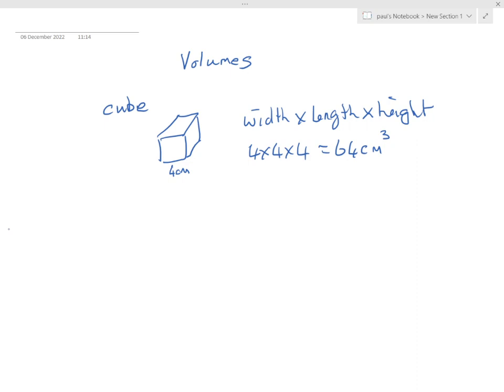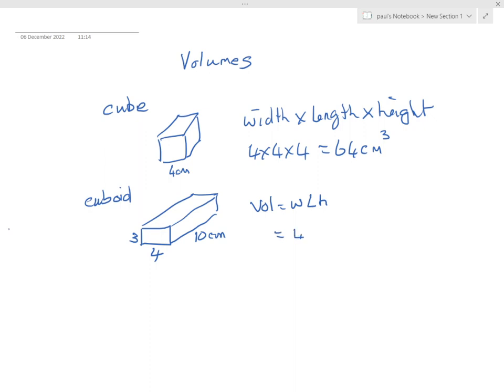So if we have a cuboid, then they're not all the same length, but it doesn't really make any difference. We can do 4 and 3 and 10, and everything is centimeters. So the volume equals the width times the length times the height, in any order, it doesn't really make any difference.